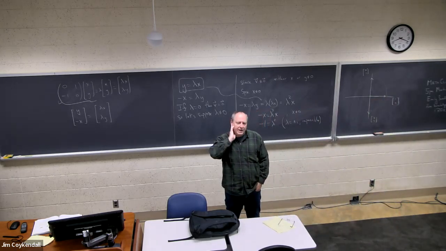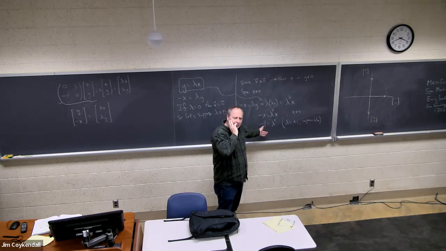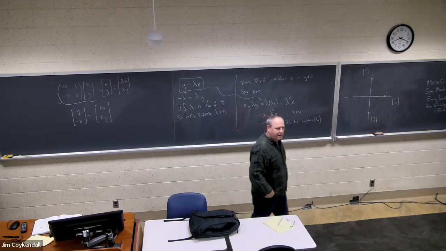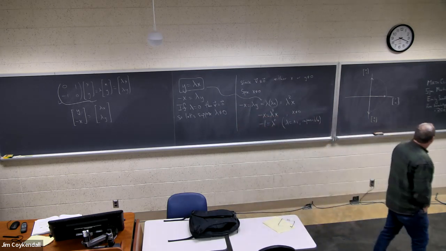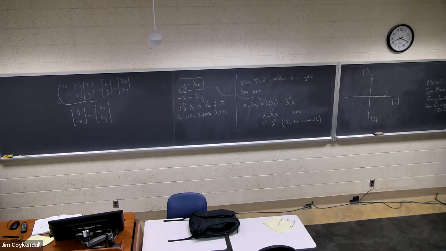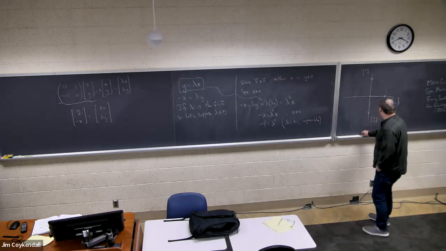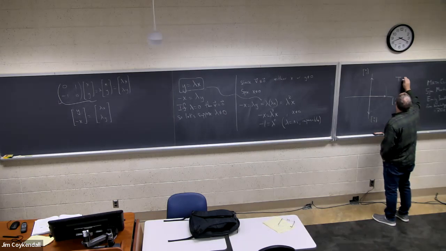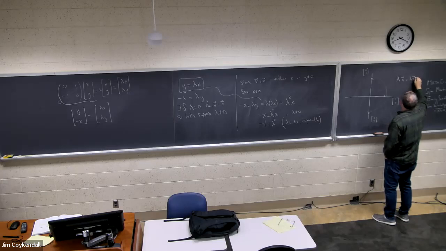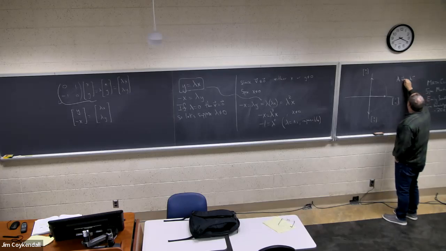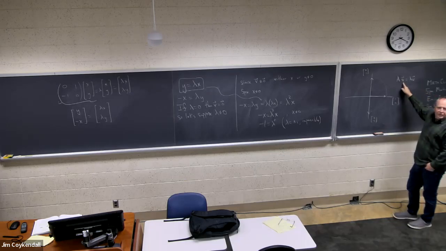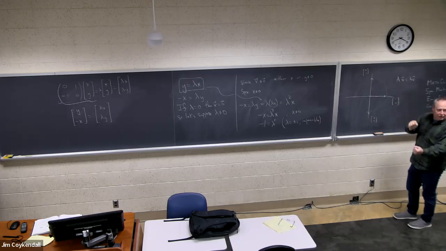So can somebody explain? Seeing algebraically, I get this mess here. I couldn't solve for a real lambda. Can somebody explain to me why this thing has no eigenvectors? So we call it B. What does it mean to be an eigenvector and an eigenvalue? It means the linear transformation just stretches it or contracts it.